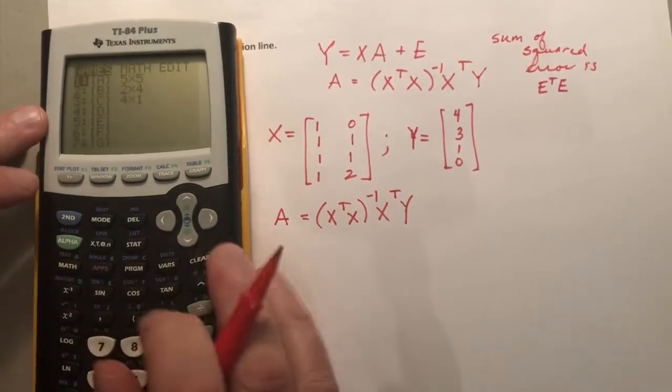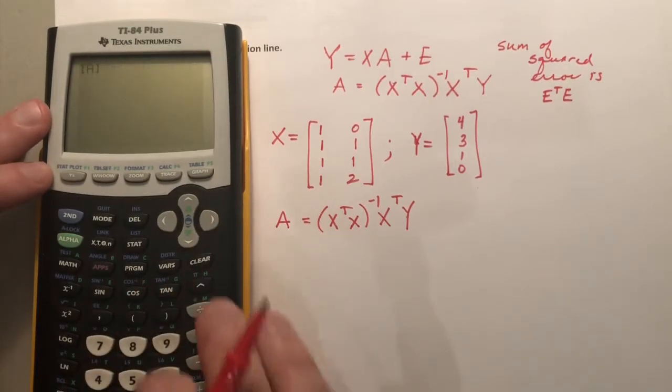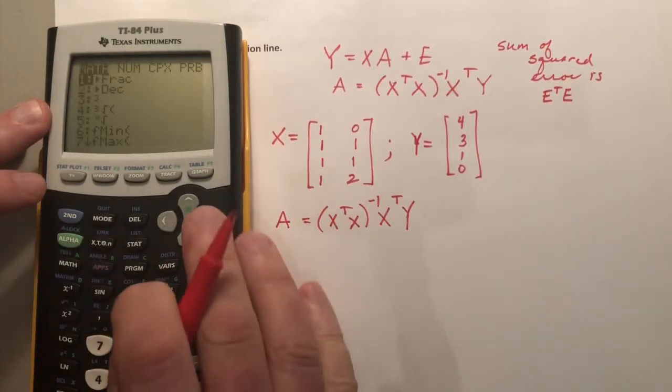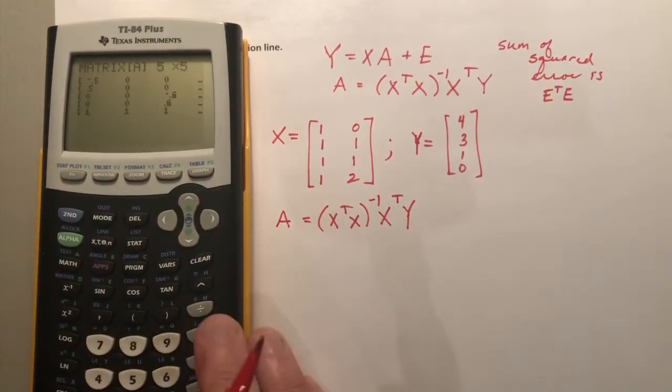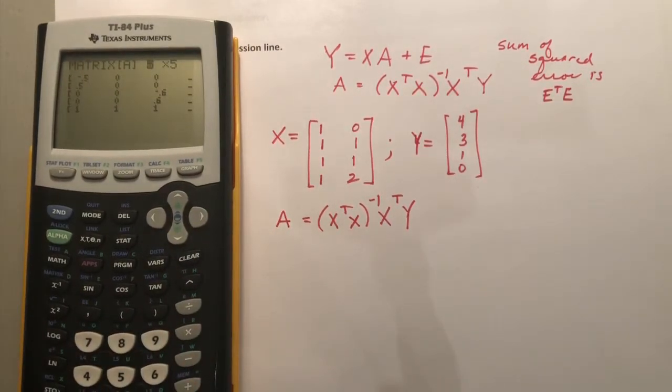Okay, so if you watched my last video, I had this matrix in here, the 5 by 5. Now I'm going to change that, and I'm going to keep track of what I store X, Y, and E in my calculator as. Really, I'm just going to use X and Y, and I'll show you how to deal with E in a second.